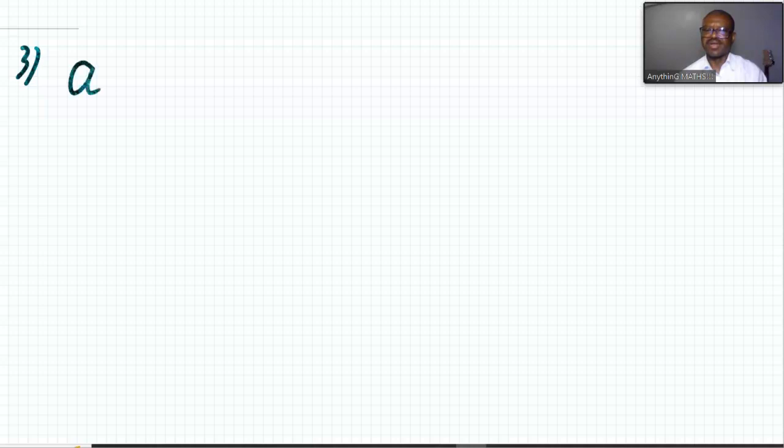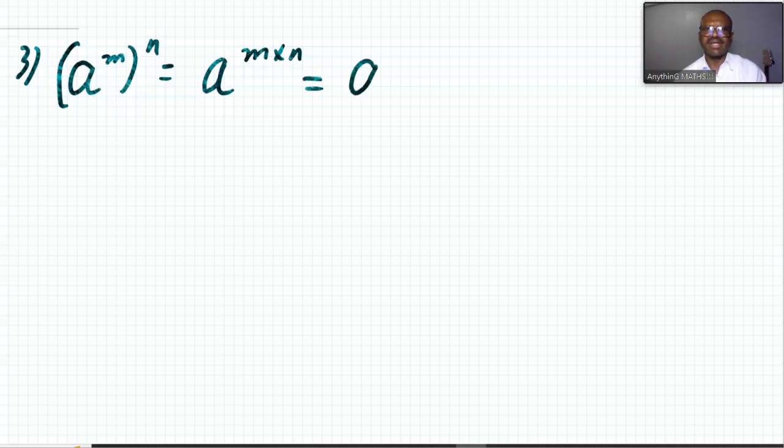A raised to the power m, all raised to the power n, can be written as A raised to the power m times n. And this is given by A raised to the power mn.